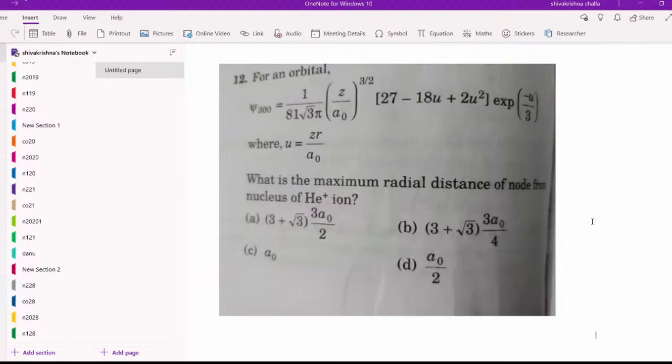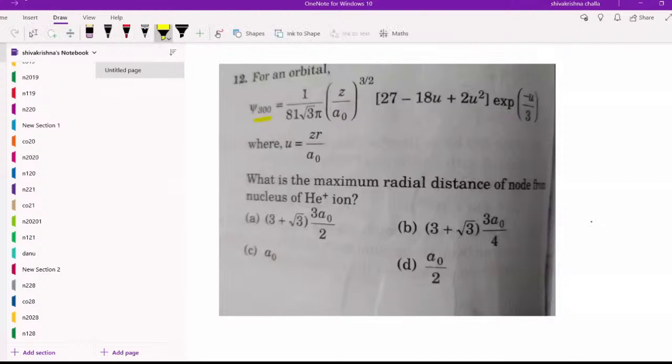What is the maximum radial distance of a node from the nucleus of He plus ion for the orbital psi 300? And what is the meaning of 300? Psi n l m: n equal to 3, l equal to 0, m equal to 0. That must be the 3s orbital. They want to know the radial distance of the node, the distance at which the electron probability becomes 0 for this 3s orbital.